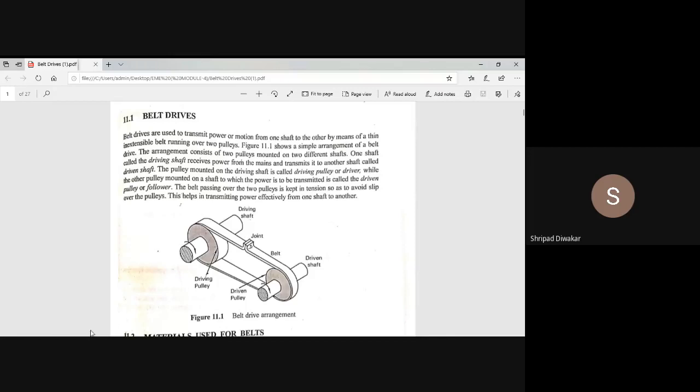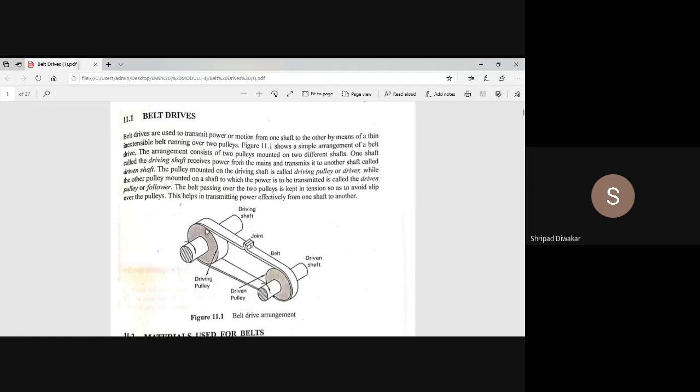So you see the diagram. There are two pulleys. One is called the driving pulley, which is driven, power is required to drive this pulley. Another pulley is called the driven pulley, which is smaller in size as compared to the driving pulley.